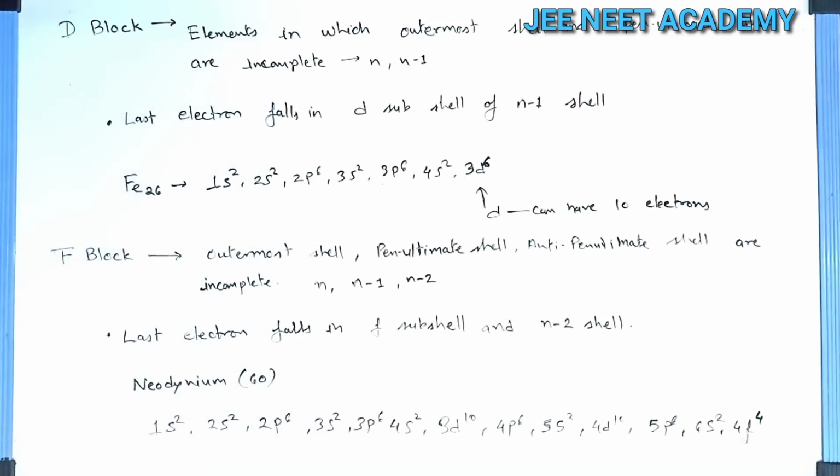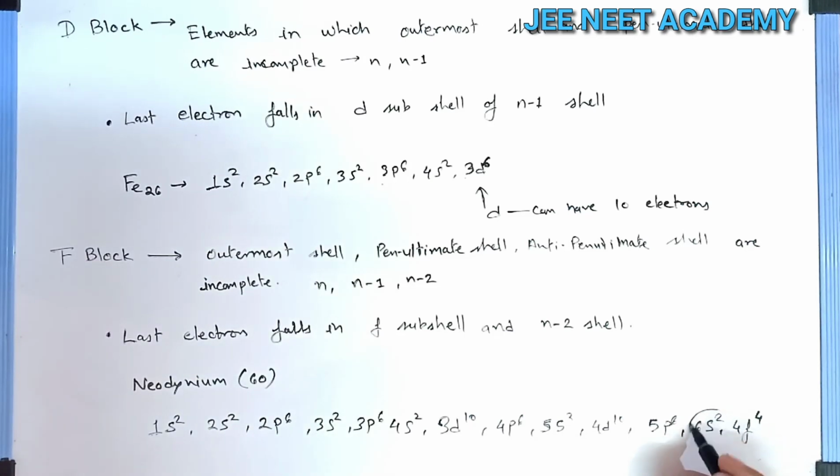So total 60 electrons are there, and outermost shell is 1, 2, 3, 4, 5, and then 6. So this is the outermost shell.